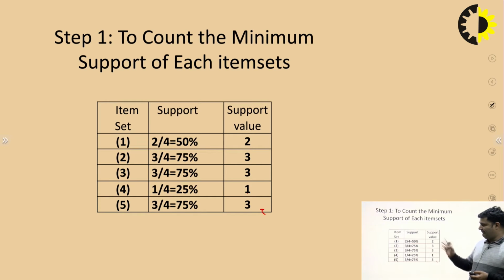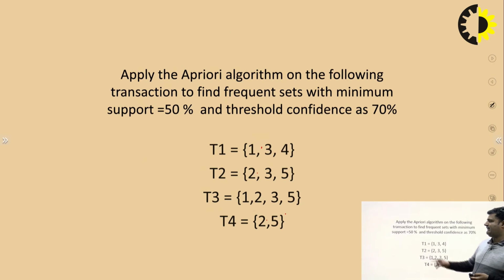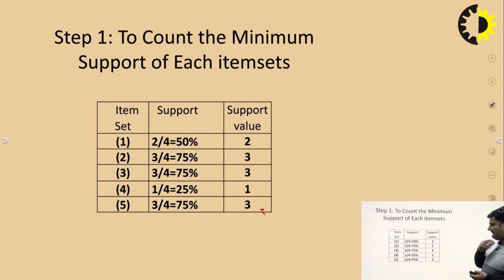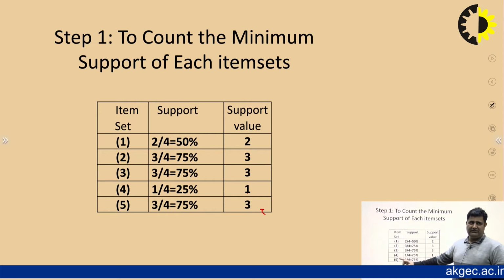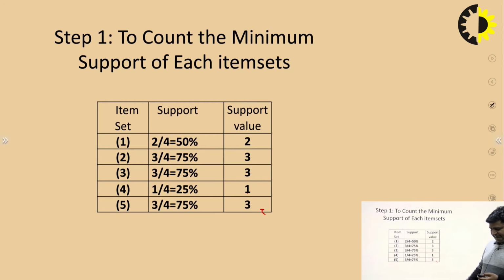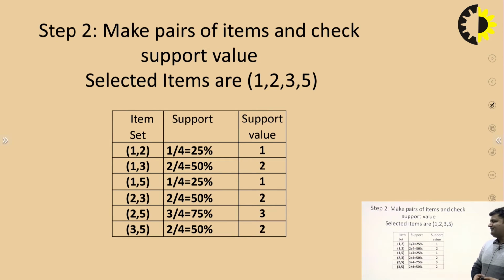As we mentioned previously, in this example we take the support value as 50%. In table 2 we saw that item number 4 has 25% support. When we move to step number 2, we remove this item from the algorithm. Similarly, the support counts are 2 for item 1, 3 for item 2, 3 for item 3 and 1 for item 4.